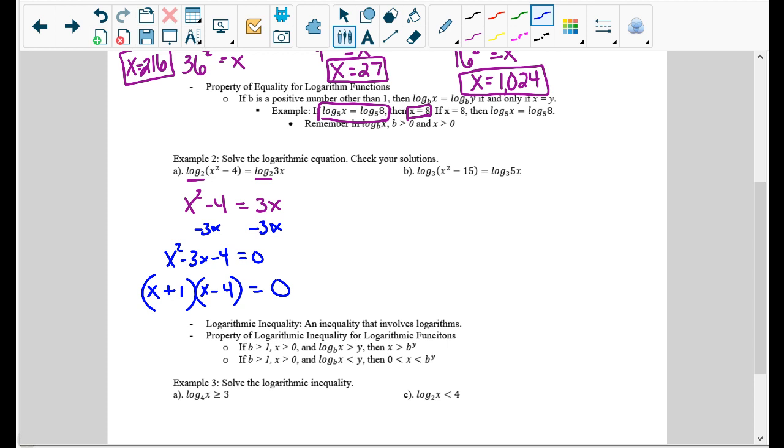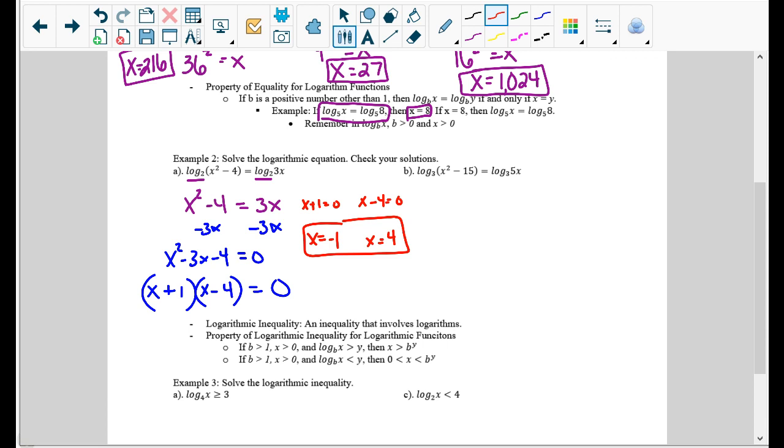So to solve, set each of those equal to 0. x plus 1 equals 0, so x equals negative 1. And x minus 4 equals 0, so x equals positive 4. So two solutions there.